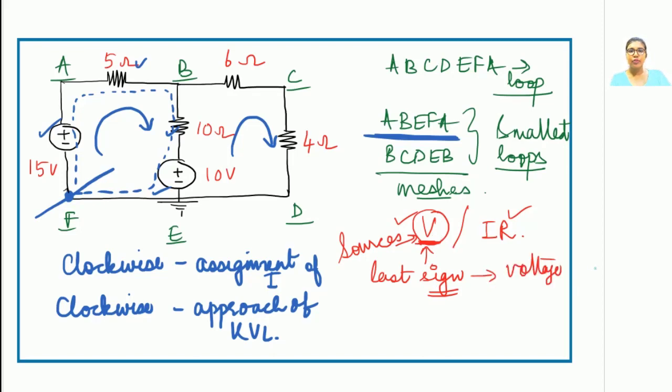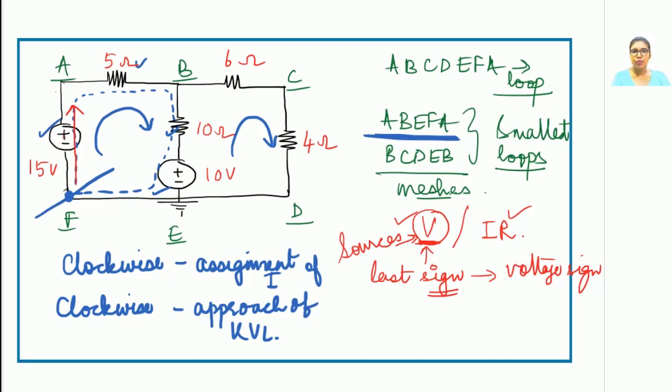Let's see that with an example. This is the mesh that we are considering, A, B, E, F, A. Now I start my analysis from here. I will go in the upward direction from F to A. When I am going from F to A, the first sign of the voltage source that I come across is a negative sign.